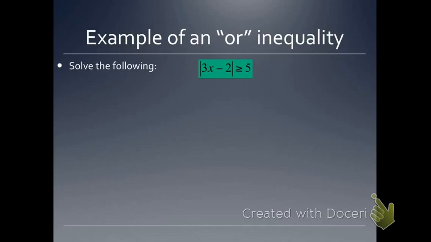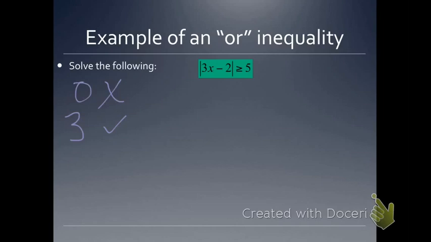Let's see if 0 would work. 3 times 0 is 0, minus 2, negative 2, absolute value is positive 2. That one does not work. Let's try something bigger. Let's try 3. 3 times 3 is 9, minus 2, 7. That works.